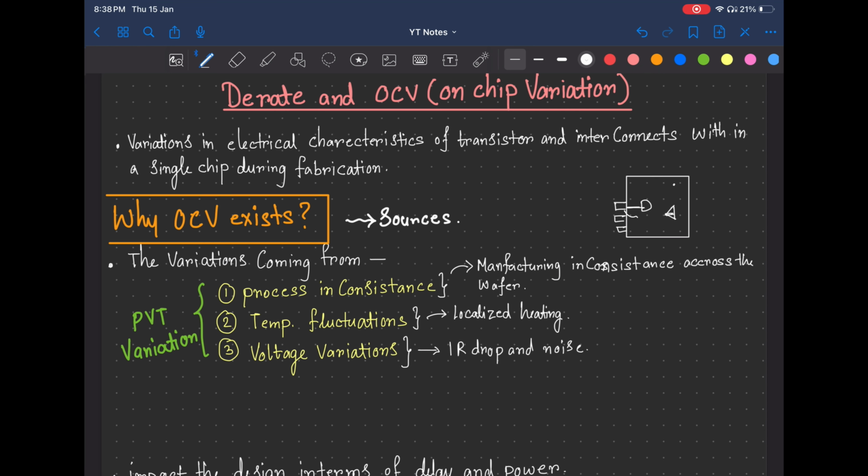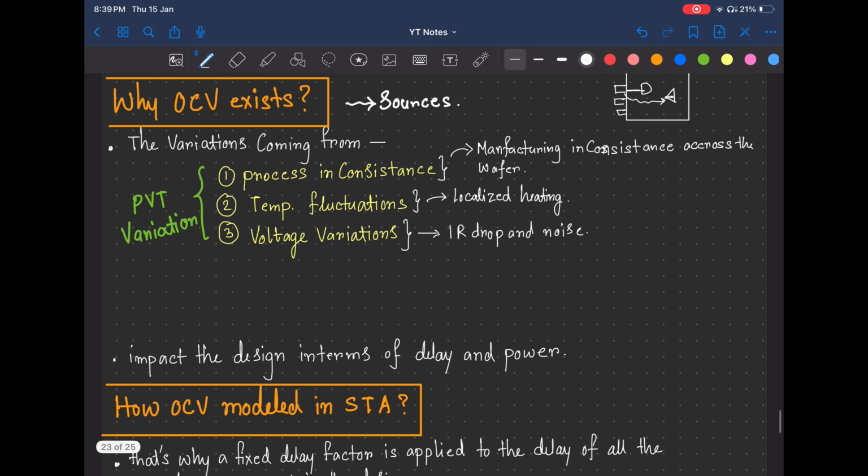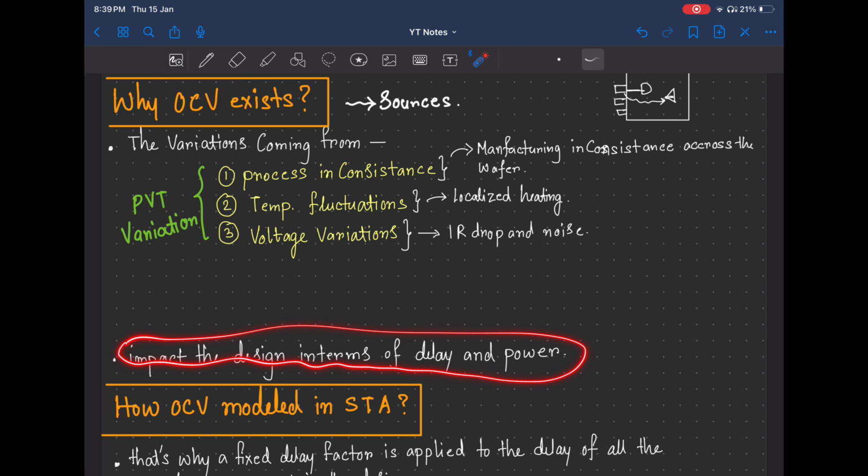But this cell is more distant, so because of IR drop and power noise it can get a lesser voltage, suppose 0.85 volt. So there is a voltage variation, and PVT variation can impact the timing and the power. That impacts the design in terms of delay and power.